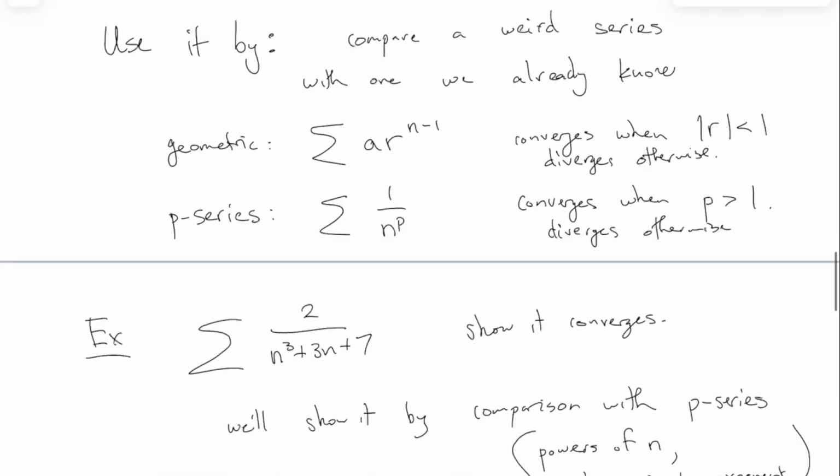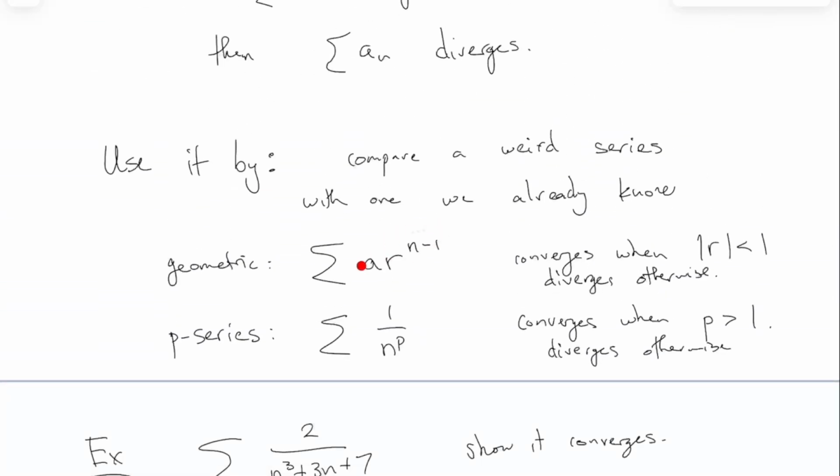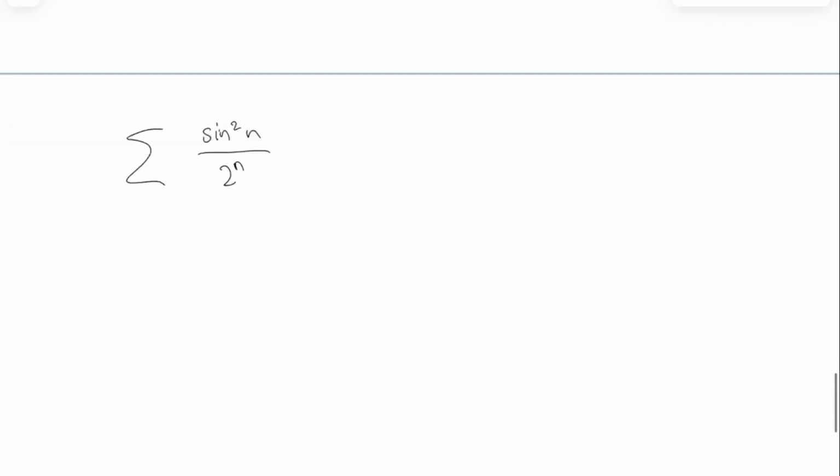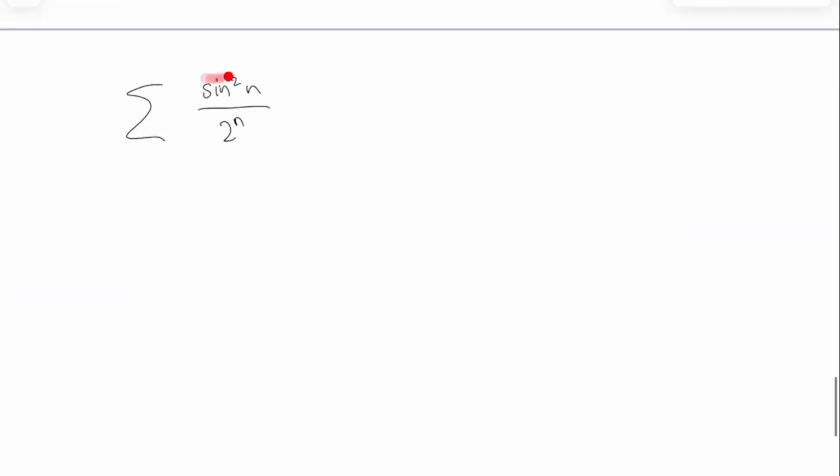Remember, the difference is geometric has n in the exponent. The p series has n to some power. I would say this one has n in the exponent. Now I also have sine. I don't know what to do with that, but for the sake of this n in the exponent down here, I'm going to compare this with a geometric.